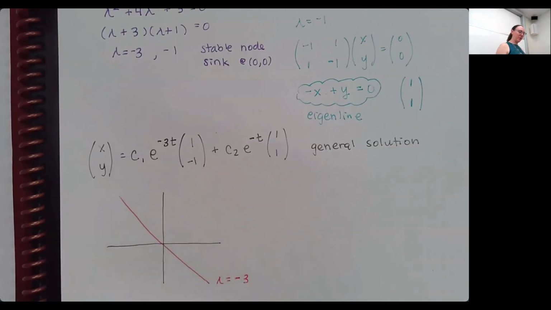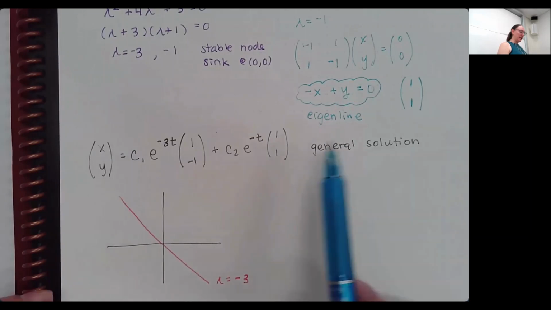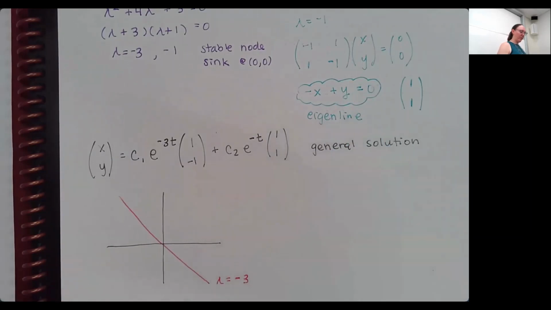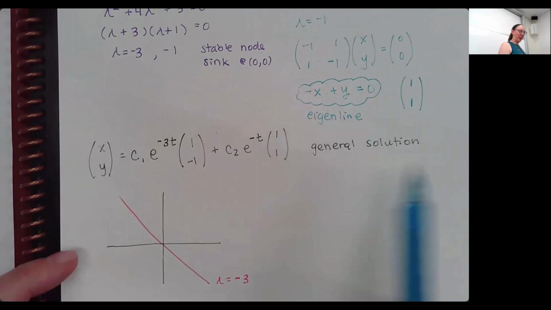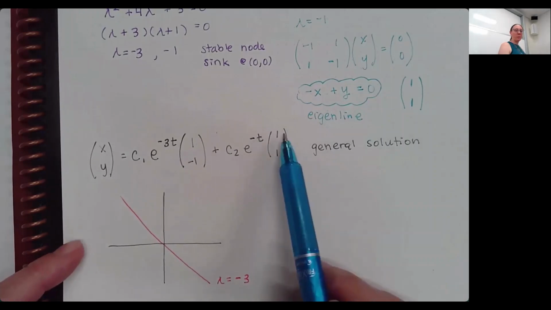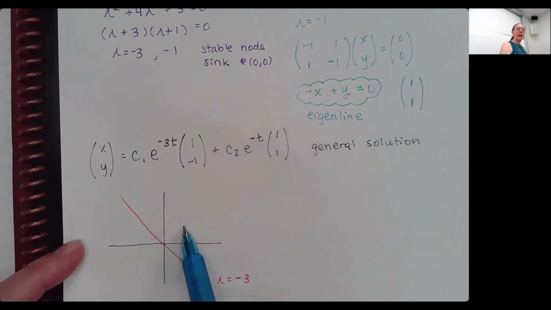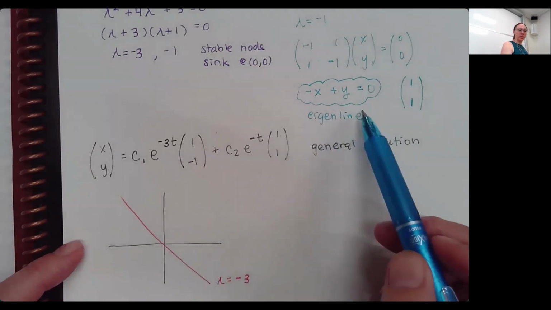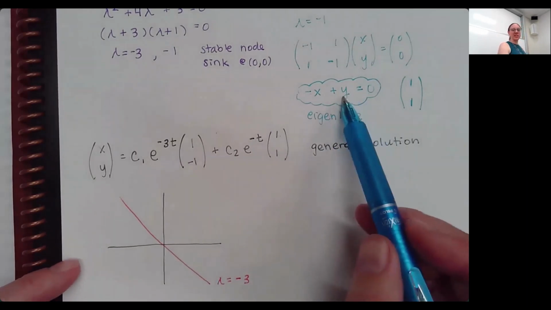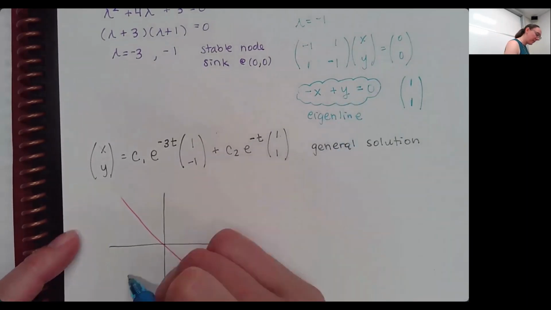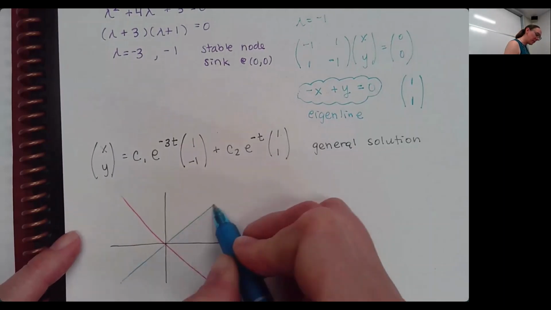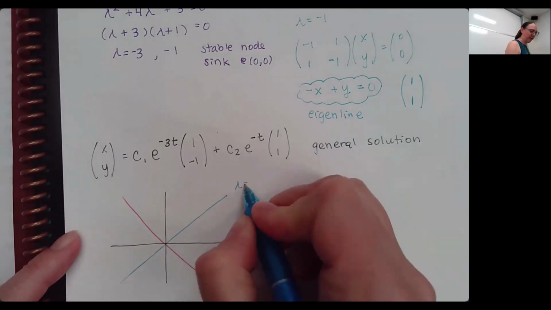And my eigenline that goes with lambda equal to -1 is, I can either think about it as that vector, 1 to the right, up 1, or I can go back to the eigenline equation, which I could also rearrange to say y equals x. So that was for my lambda of -1.